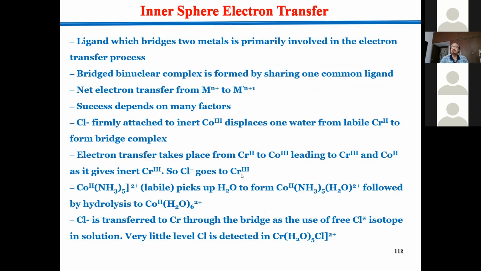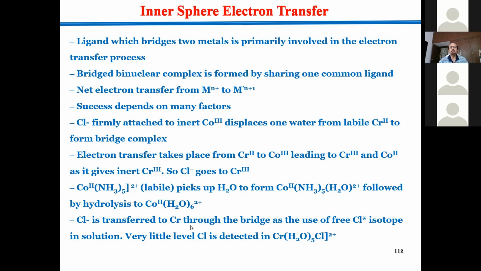That is important. Already I have talked about that this bridging chloride will not move into the cobalt 2 site because that is labile now. It will prefer to move towards the chromium 3 site, which is d3 configuration, t2g3, which is inert. And this labile cobalt 2 pentaammine picks up water to give you this thing, followed by complete hydrolysis to give you the hexaaqua species as we have talked about.